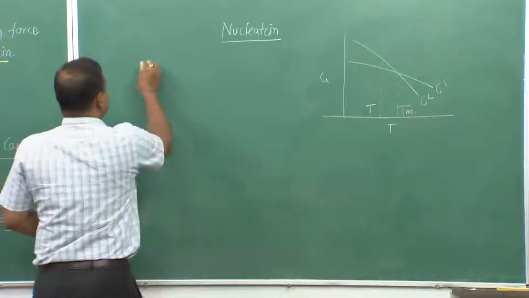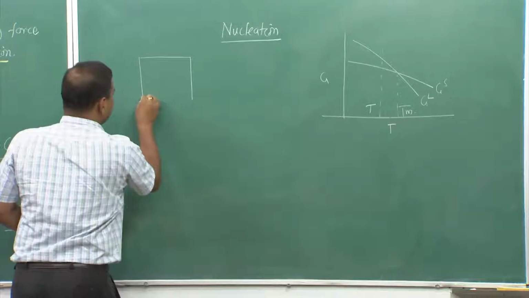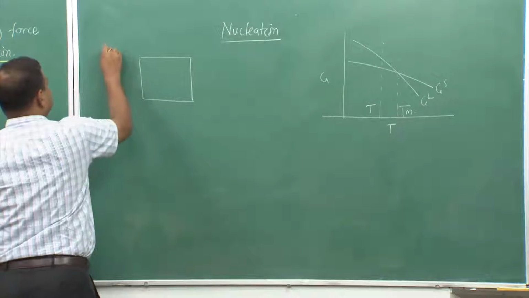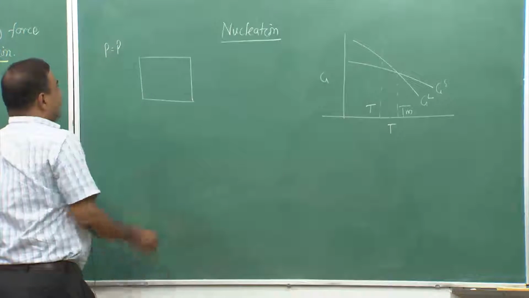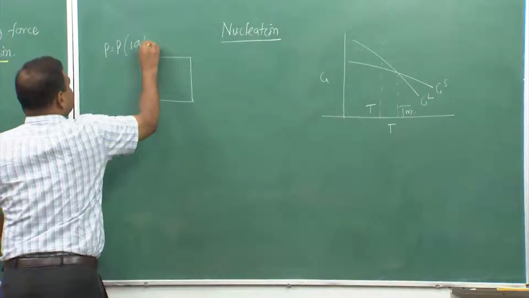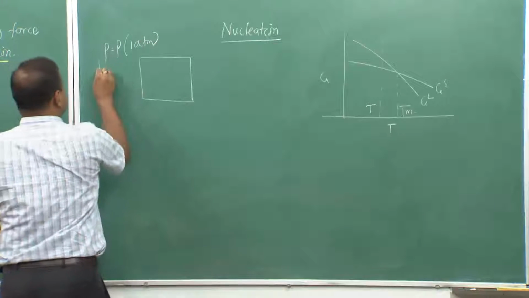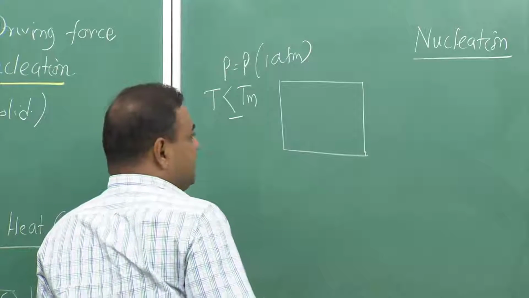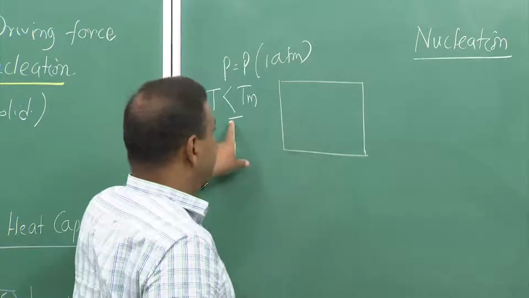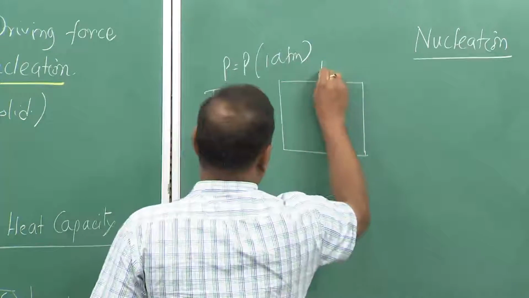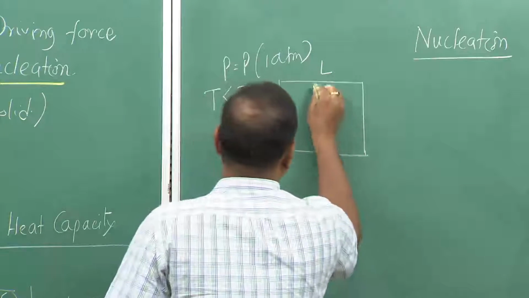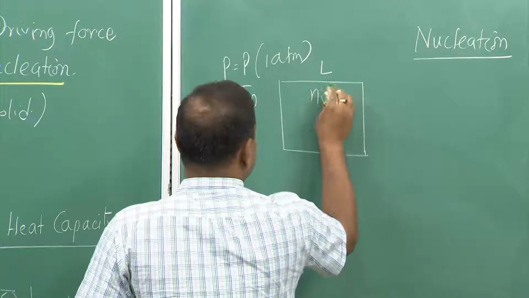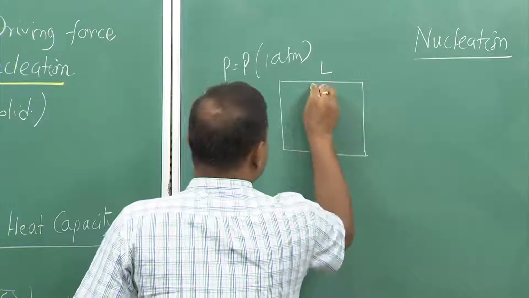If we have this enclosure, and let us say this is a closed system at a particular pressure P, which is nothing but 1 atmosphere, and it is at temperature T less than Tm, initially when I take that liquid to that temperature, everything is liquid, and let us say the volume of this enclosure is VL.